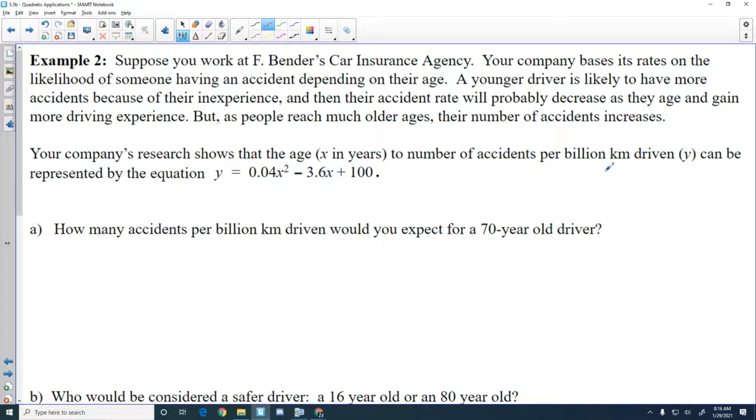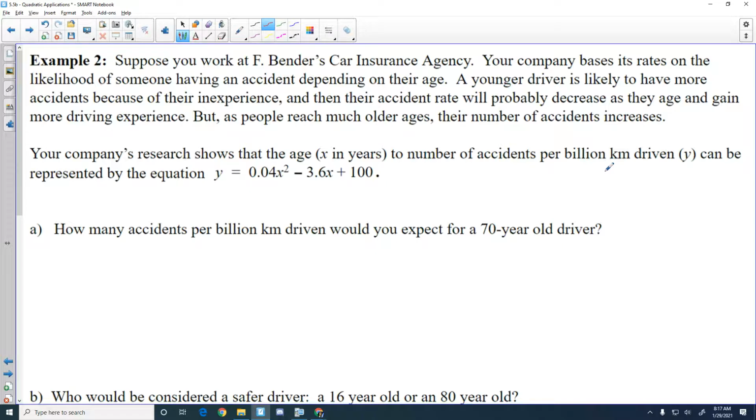No, right? You can't get into a car accident while driving unless you actually are driving. But the more often you drive, even if you're a really good driver, just the more time you spend on the road, there's more and more of a chance that you could get into an accident. And so that's why this number is based on the number of accidents per billion kilometers driven.